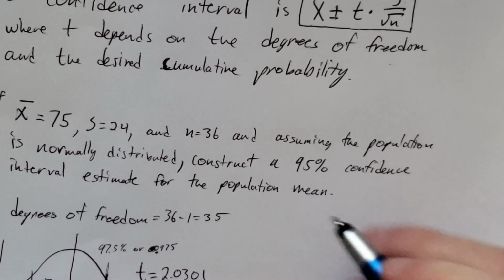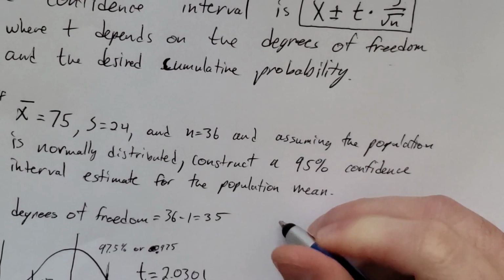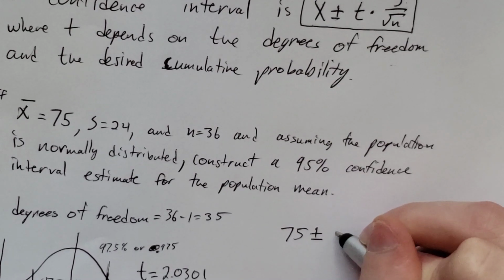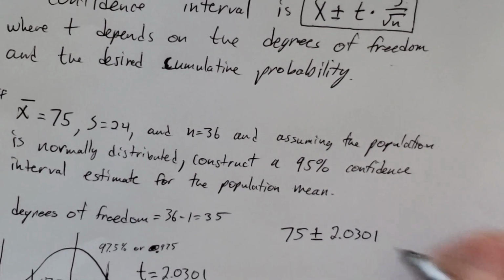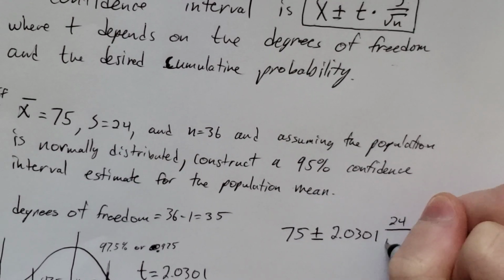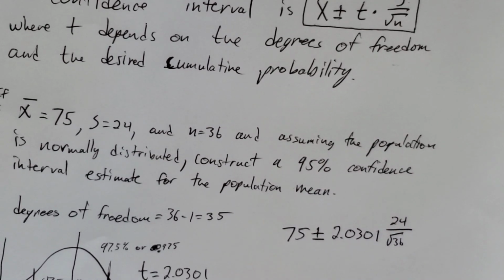So our confidence interval is 75 plus or minus 2.0301 times 24 over the square root of 36.